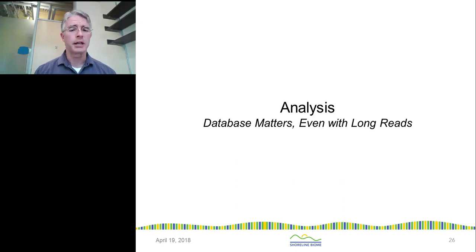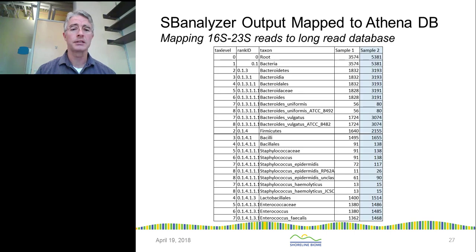So analysis, even if you have the best data, it's not going to necessarily get you this kind of result, where those who are familiar with Mother will recognize that this is the kind of output that you get. Across the top, you can see the taxon and sample 1 and sample 2 in this case. And then for each taxon, it tells you what the microbe is.